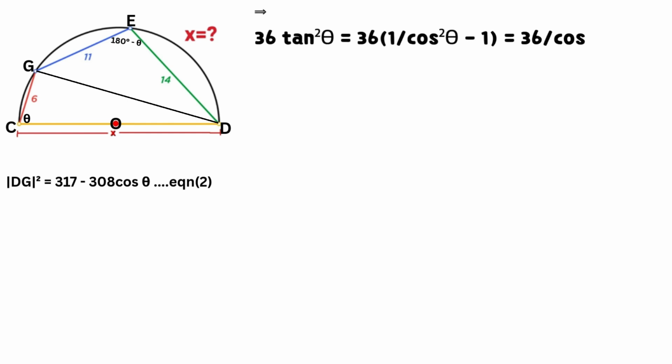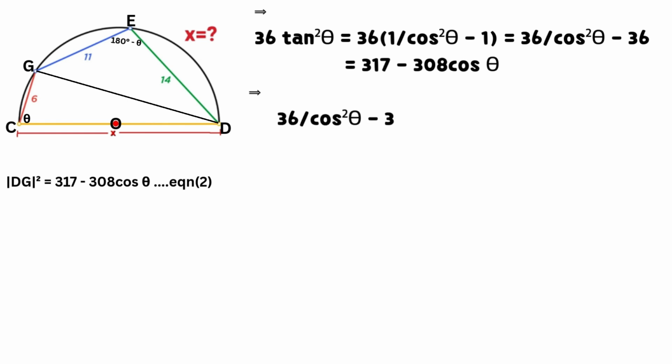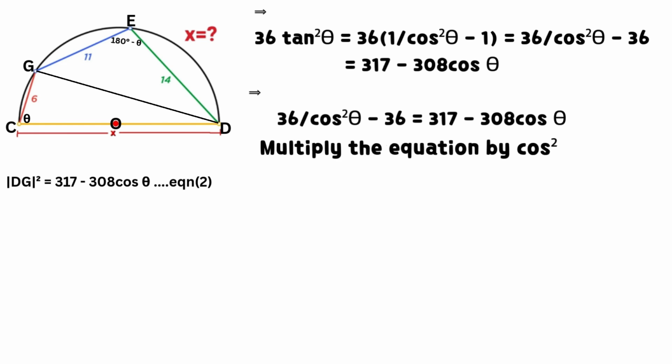Hence, 36 times tan square theta equals 317 minus 308 times cosine theta. After simplification, this implies that 36 divided by cosine square theta minus 36 equals 317 minus 308 times cosine theta. Multiply the equation by cosine square theta.